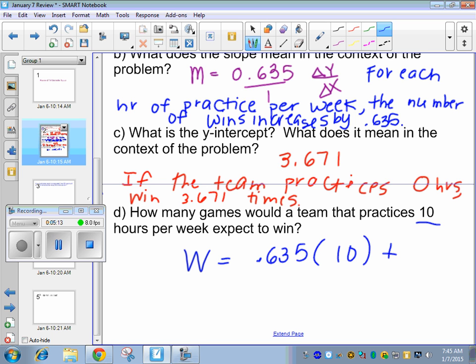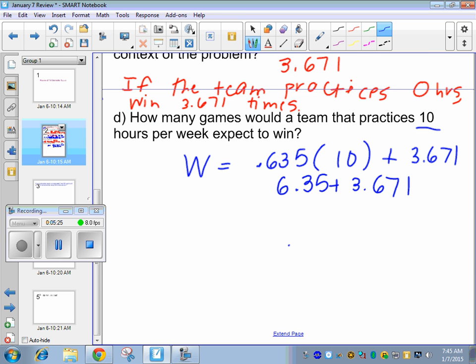And then we have a y-intercept of 3.671. So if I multiply this by 10, we get 6.35 plus 3.671. Somebody tell me what that is. 10.021? So if you practice 10 hours a week, you're going to win 10 times.